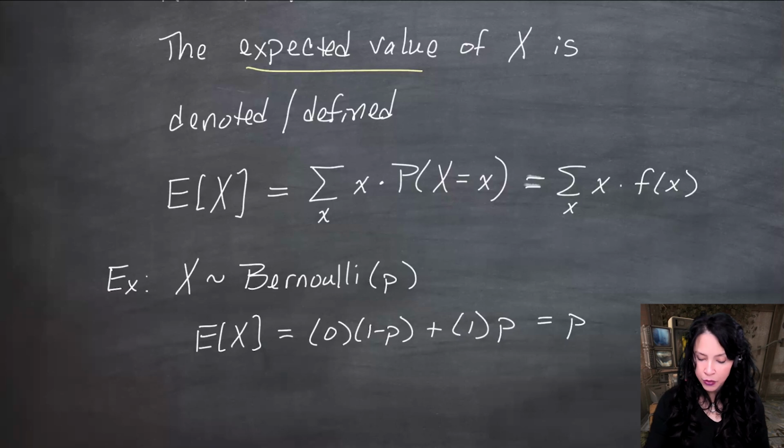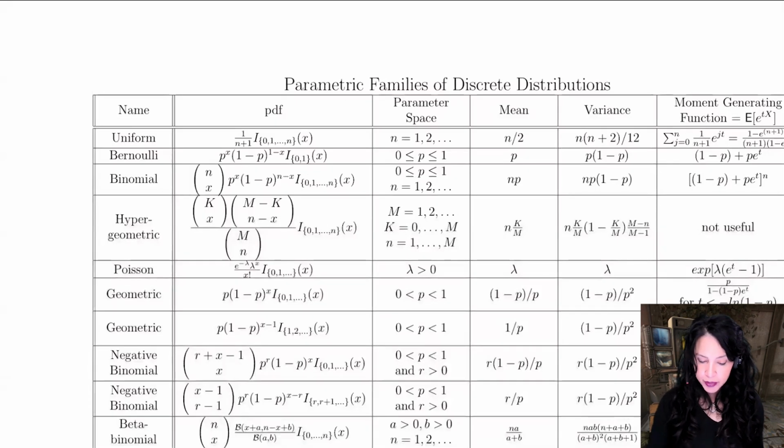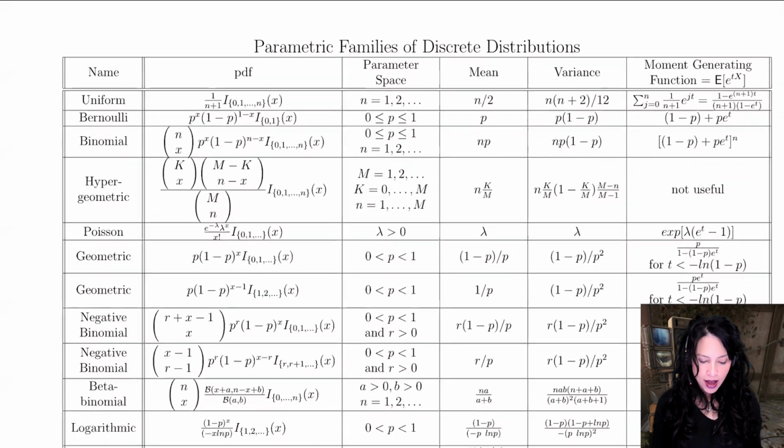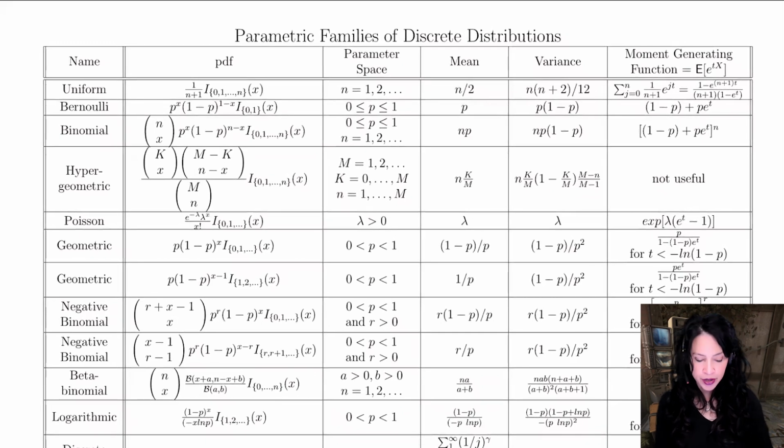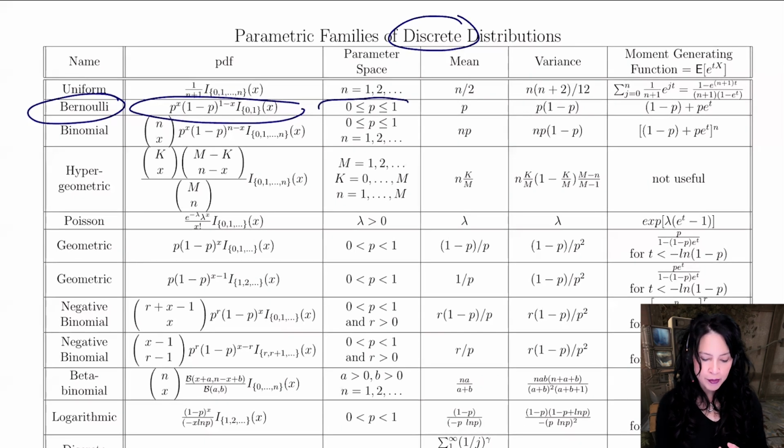As a quick check, I'm going to go to the table of distributions that you have, because now we know how to define another column here. I'm on the discrete side, and I'm looking at the Bernoulli distribution. Here is the PDF or PMF. Here is the parameter space where the p has to live. And the next column is the mean of the distribution, which is the same thing as the expected value or expectation.